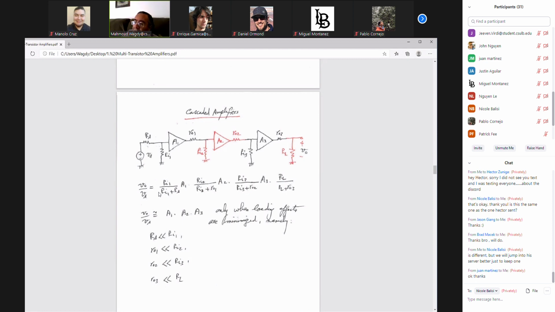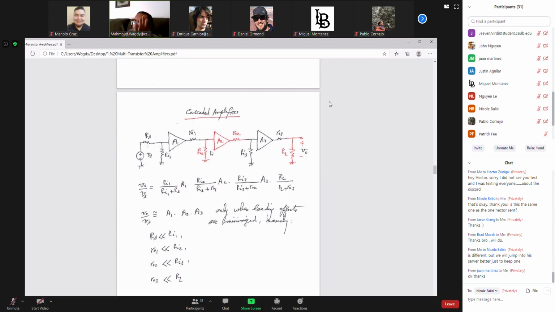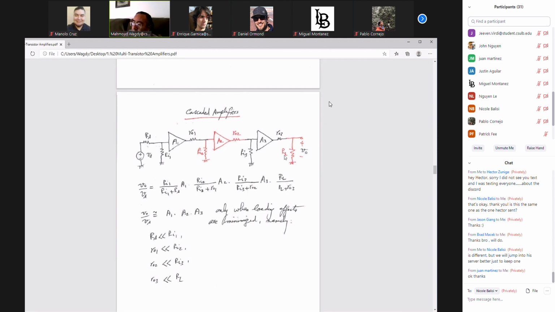How do you write the formula? You trace the signal from the left to the right, from the input to the output. That's how you just follow the signal. You write this formula.